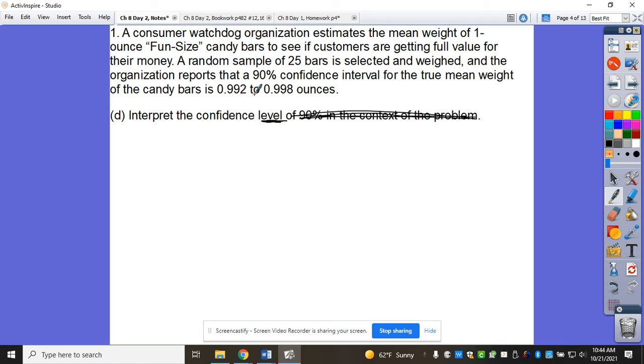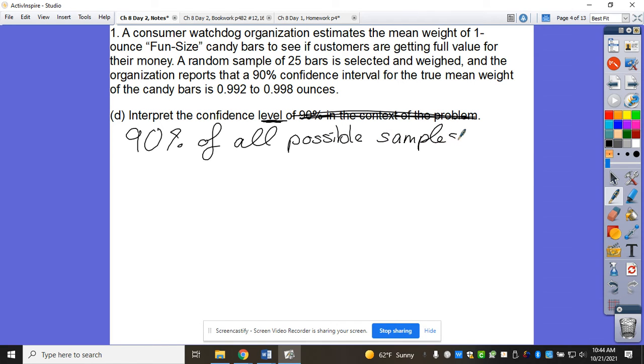So where do I start? 90% of, well, I know that the 90% doesn't apply to just one, it applies to, and then so that's really important. And the second important part is it's not just all possible samples, but it's all possible samples of how many did we sample?